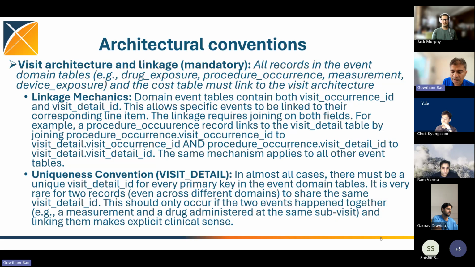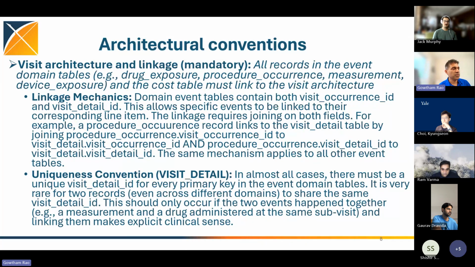And here's an interesting point. All the domain tables, procedure table, condition table, drug exposure table, have as foreign keys visit occurrence ID and visit detail ID. So it is possible to link the drug exposure, line level drug exposure, to the visit detail ID, and then go from visit detail ID to the cost. So we have it there. From SQL, it is possible, which is fantastic.